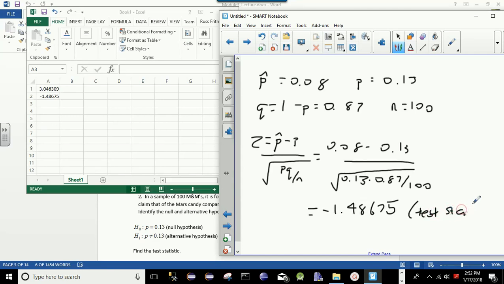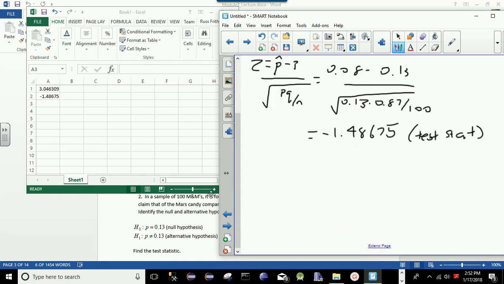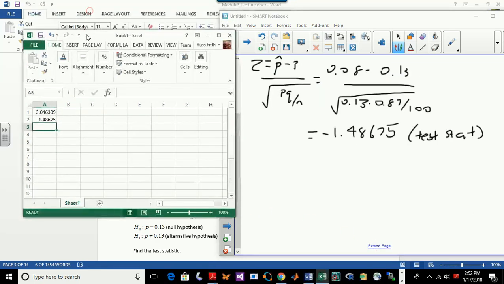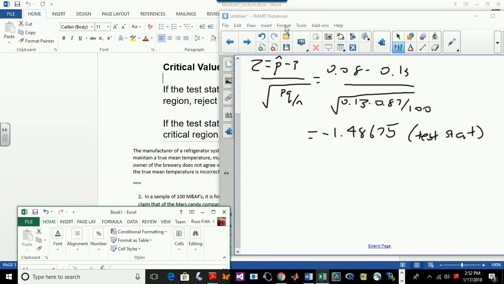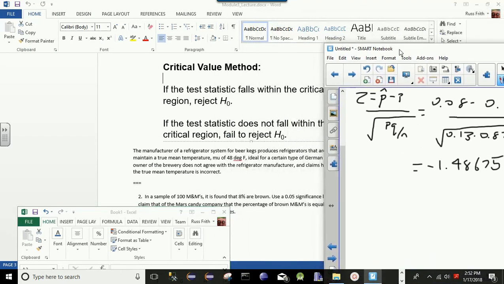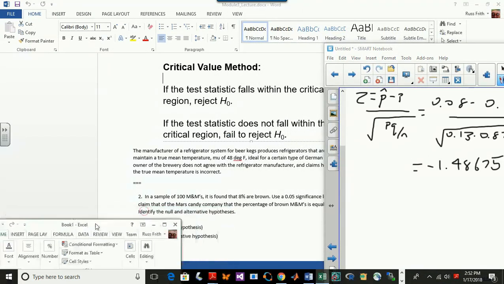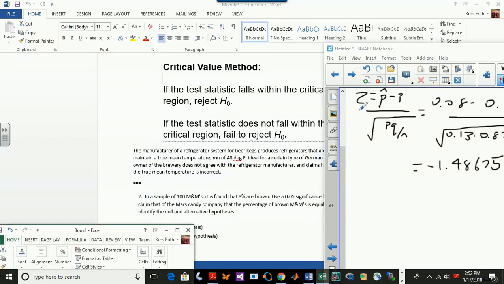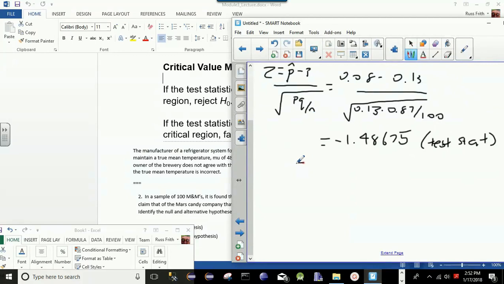So what is your critical value? So we need to calculate the critical value. So for this problem, what is alpha? Alpha is, how confident do we need to be? 0.05. Okay.